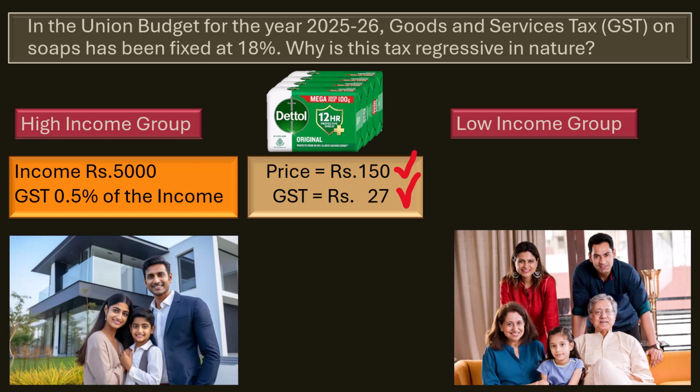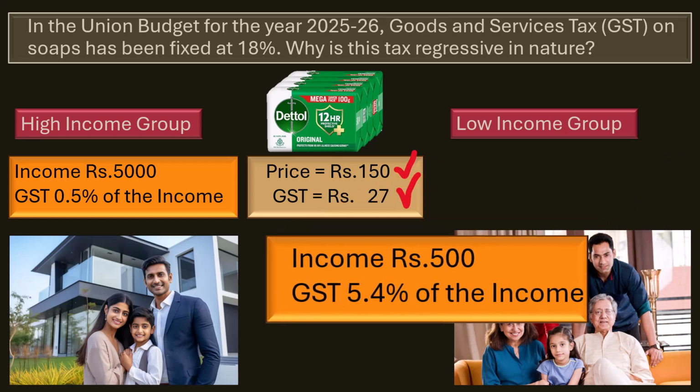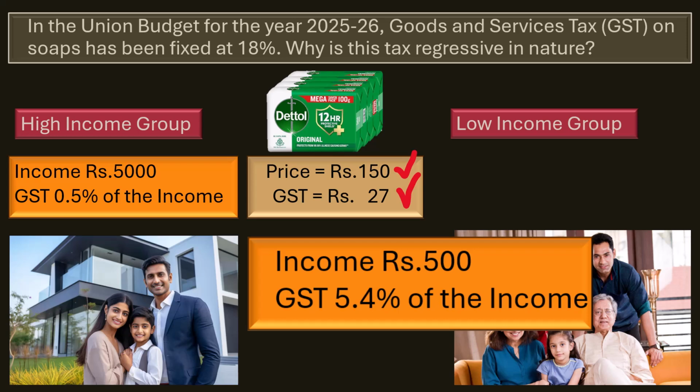A low income group household also buys the same pack. Its income is only 500 rupees. In this case, the burden of GST is 5.4% of its income. Comparatively, money burden on low-income households is greater. Thus, GST is regressive in nature.